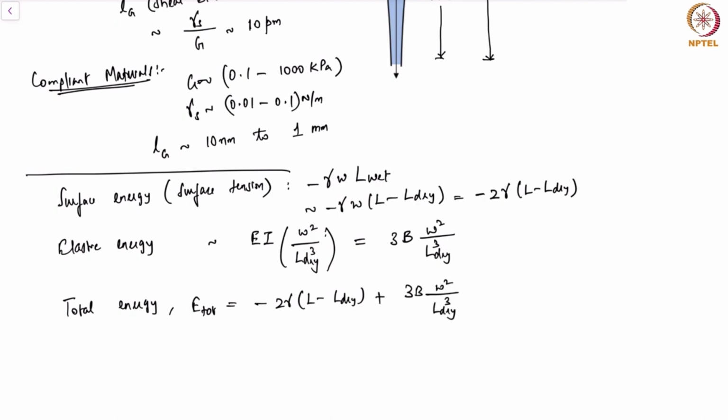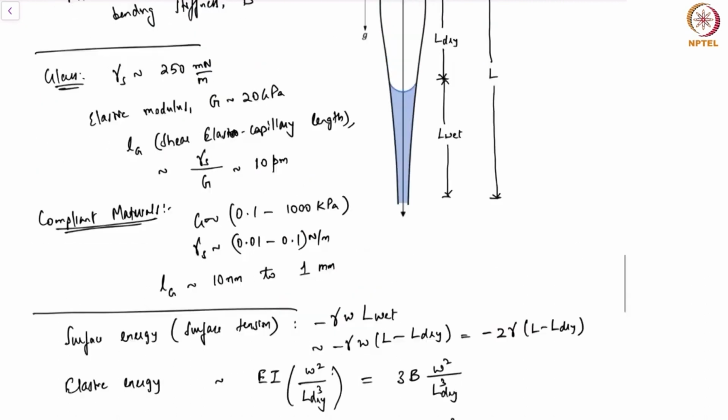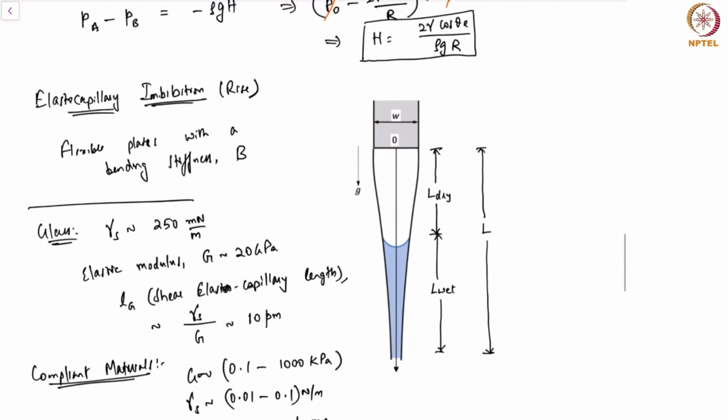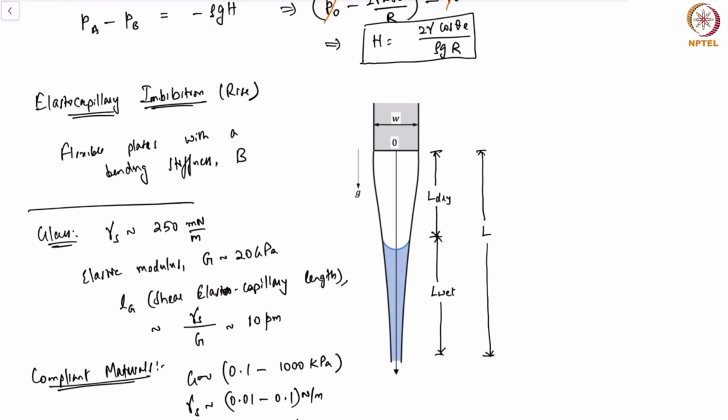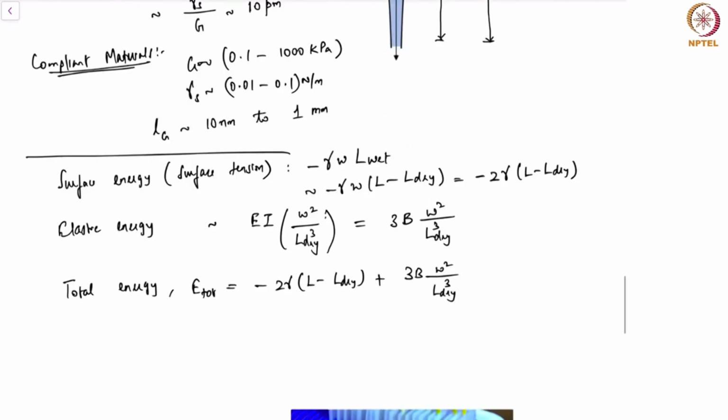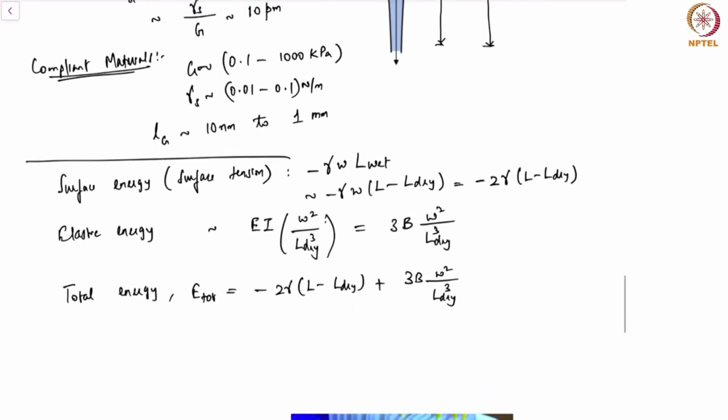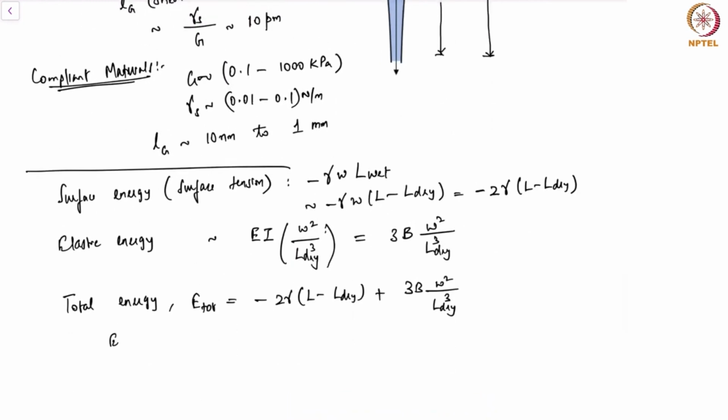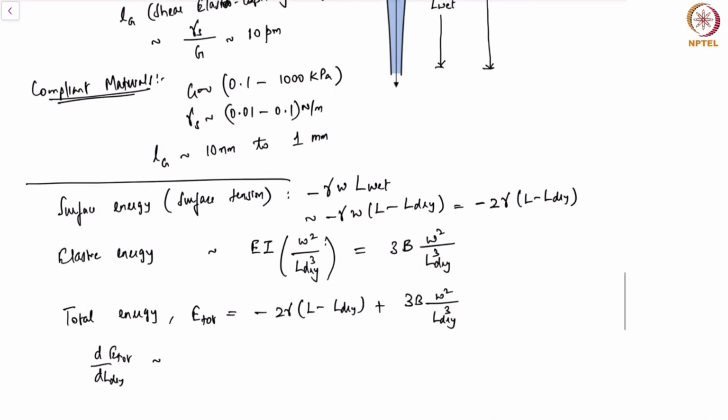And if we minimize this with respect to the dry portion, L dry is the parameter. If we do this, then d by d L dry of E total, meaning we are trying to minimize the energy with respect to the amount of dry region that is present as a parameter.